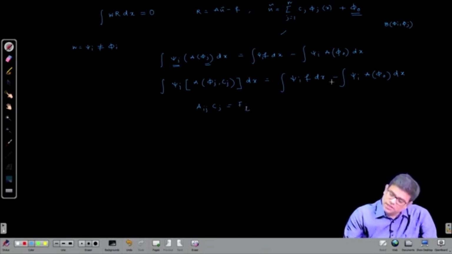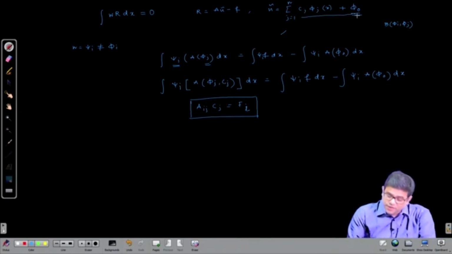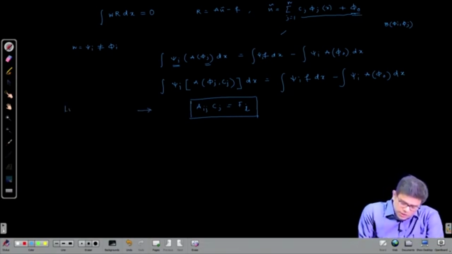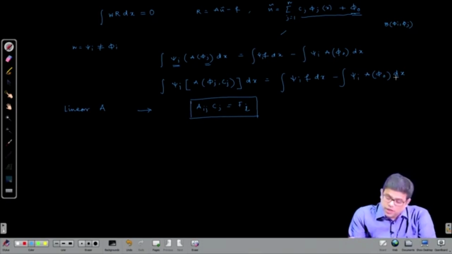So this Fi contains both. Here I just took Cj outside by substituting this equation, in case of a linear operator. Now this is a general form, which is applicable for the nonlinear case also.